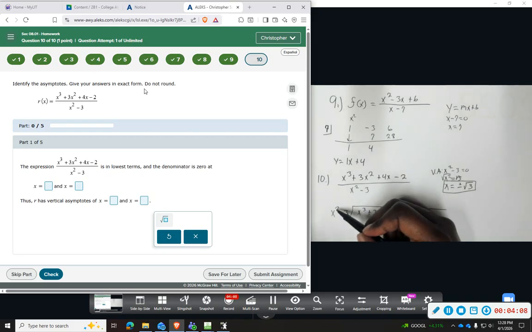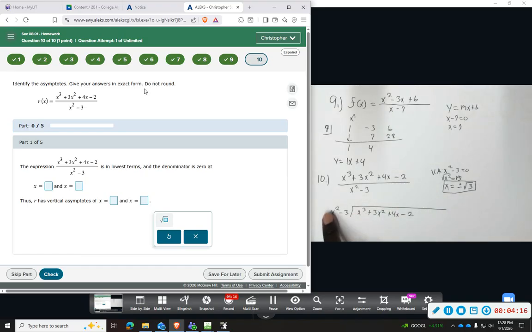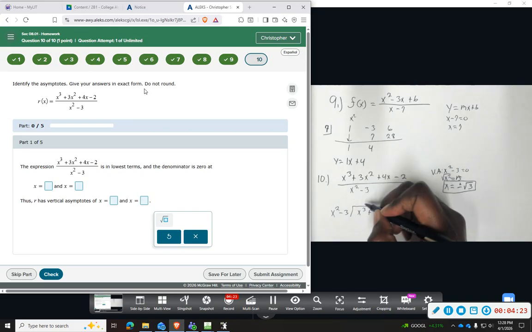How many times will x, well, we got to figure out what do we need to add to x squared to get x to the third. Really, we're multiplying, properties of multiplication with the same base you add. The coefficients are already the same, 1 times 1, so I just need to multiply by an additional x to get x to the third.